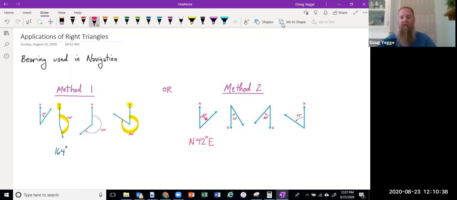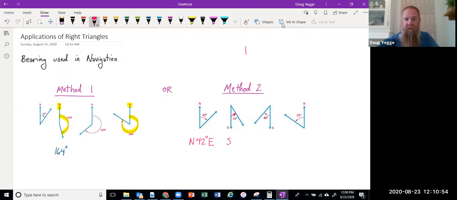So we read that as north 42 degrees east. We could also start by pointing south. Now it says start by pointing south and turn 31 degrees towards the east.